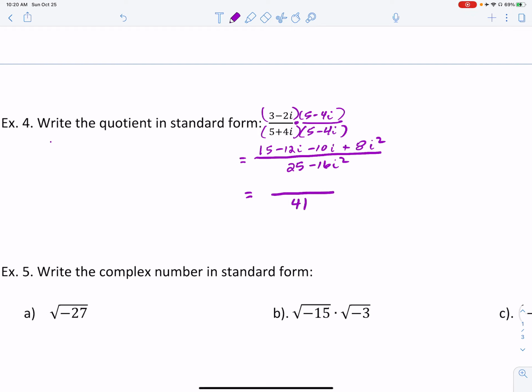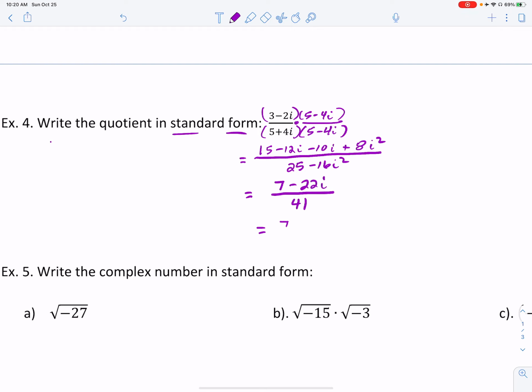And in the numerator, the 8i squared is a negative 8, and 15 and a negative 8 is 7. And then we have minus 22i. Now, you can't leave it in that form. You have to separate out, when it says standard form, into the real and the imaginary.